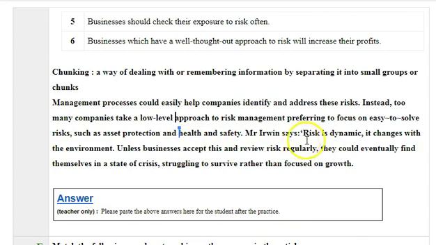Mr. Irwin says, risk is dynamic. It changes with the environment. Unless businesses accept this and review risk regularly, they could eventually find themselves in a state of crisis, struggling to survive rather than focused on growth. So that's without using chunking.